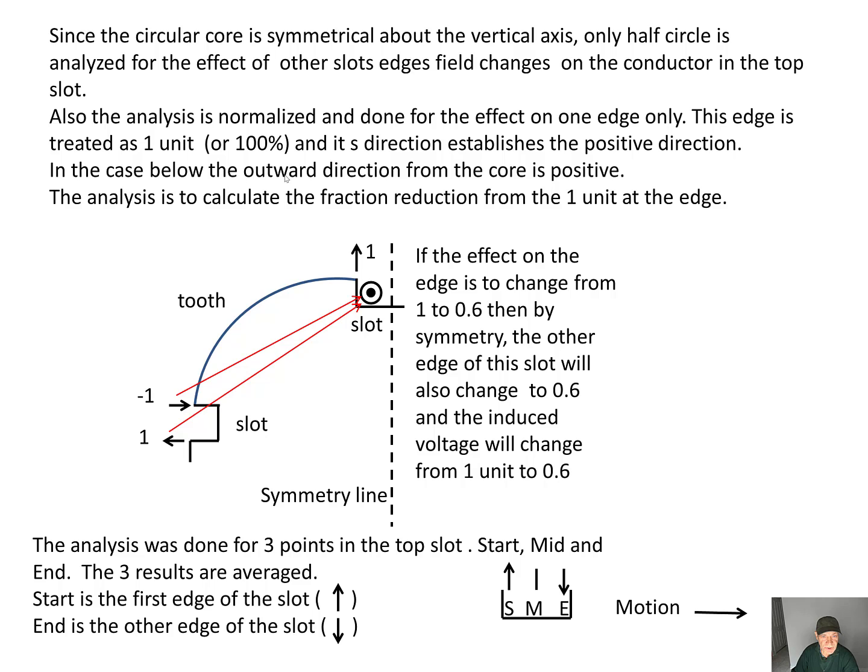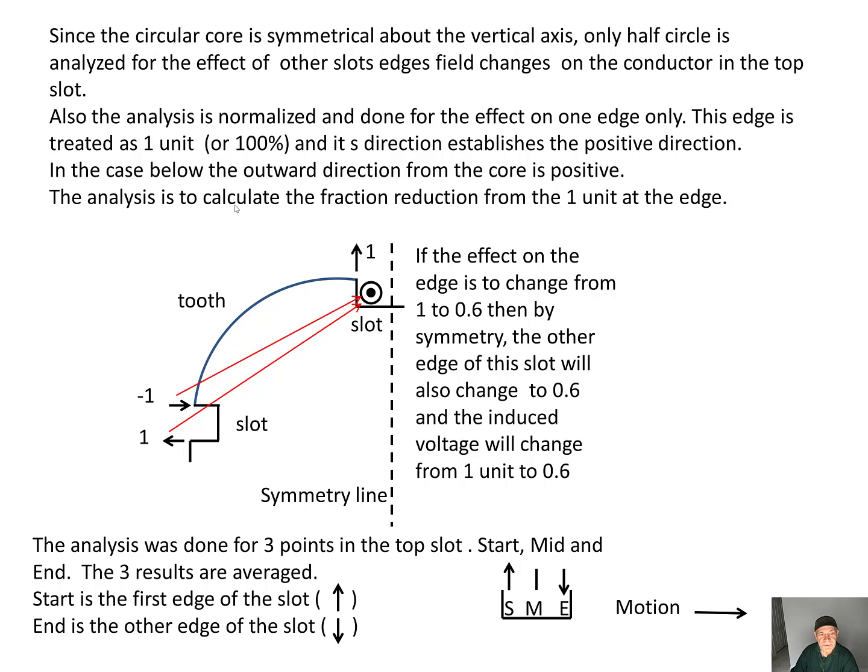In the case below, the outward direction from the core is positive. For the first edge, the field is outwards because it's increasing as you move from left to right. So this vertical direction we treat as positive, and this direction will be treated as negative since it's inwards. This is outwards, so this will be treated as positive.